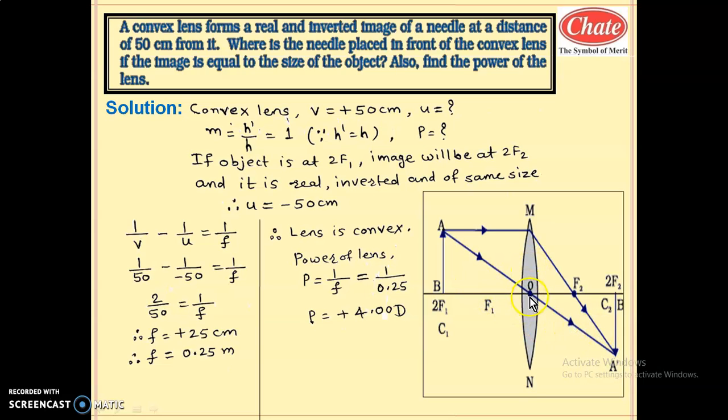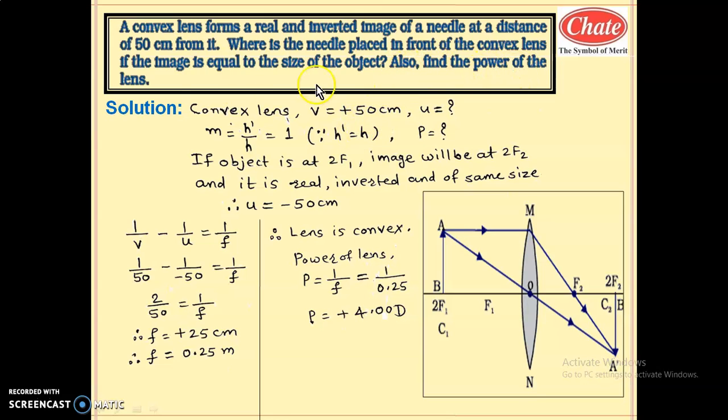In this case U equal to V in magnitude: U is minus 50, V is plus 50, because the 2F1 distance from O is always equal to the 2F2 distance from O.